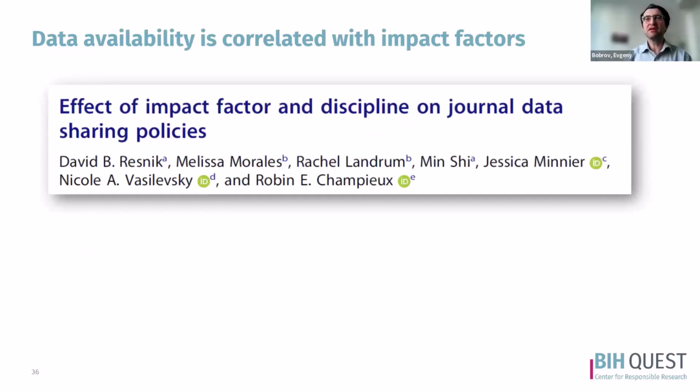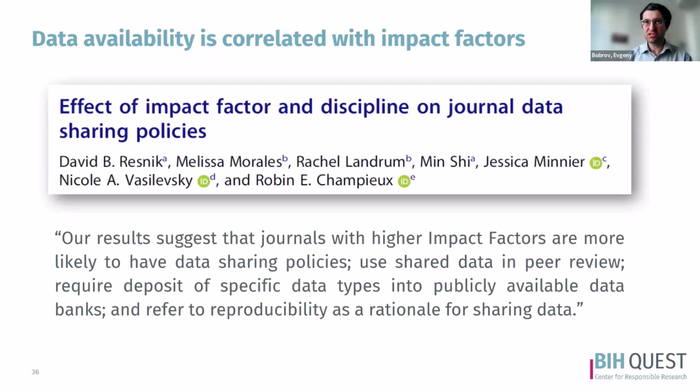And secondly, with all the criticism that impact factors, of course, receive in the meta research discussion, I do think that probably for journals they do still have value. So I assume that they still are certainly prominent in your discussions. And in that regard, I wanted to mention the data availability is also correlated, not necessarily causally related, but correlated with higher impact factors.